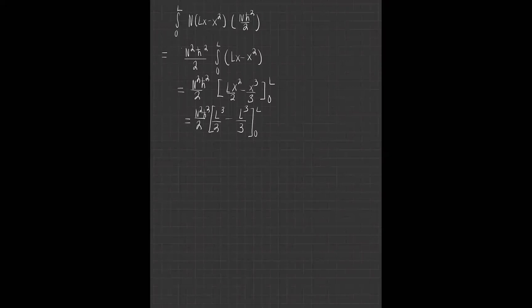This would be the first part, and this would just be L. All right, and then from here we just solve it, and we would get n squared ħ squared over 2, and then that would be L to the third over 6. And that's the numerator, we just solved for the numerator here.